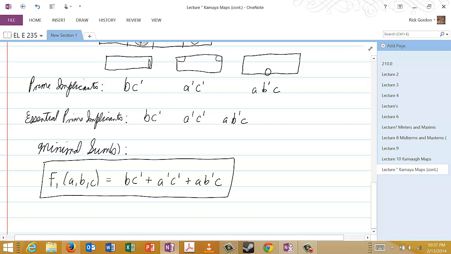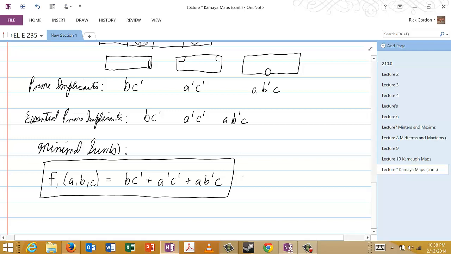Now, sometimes after you have written down all the essential prime implicants, you'll still have some other cells that need to be accounted for, and then we might have several different options. But in this case, once we accounted for all the essential prime implicants, there were no more cells that needed to be considered.